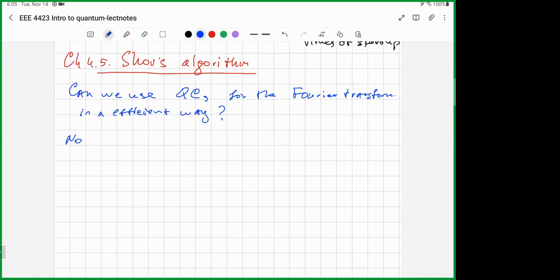Because for the Fourier transform, we need all 2 to the power of n amplitudes.